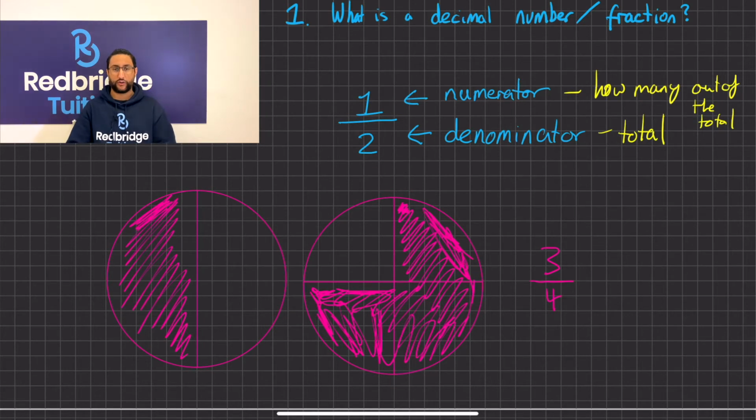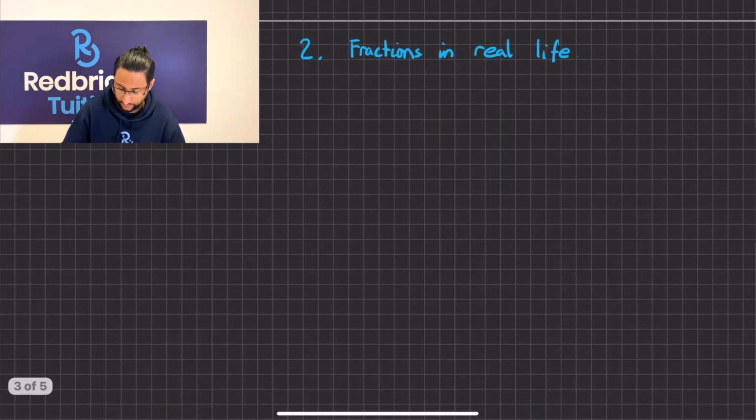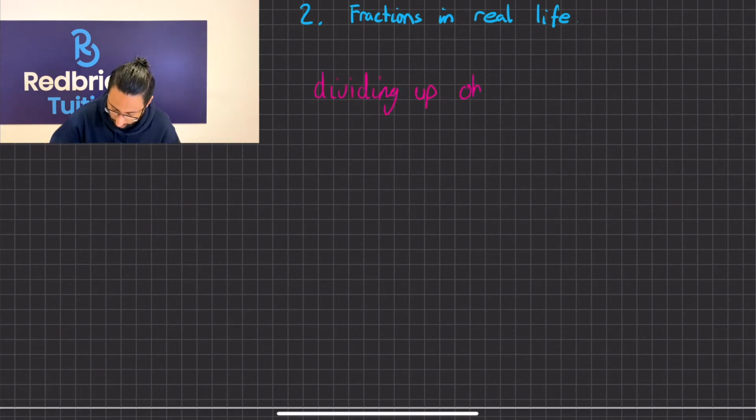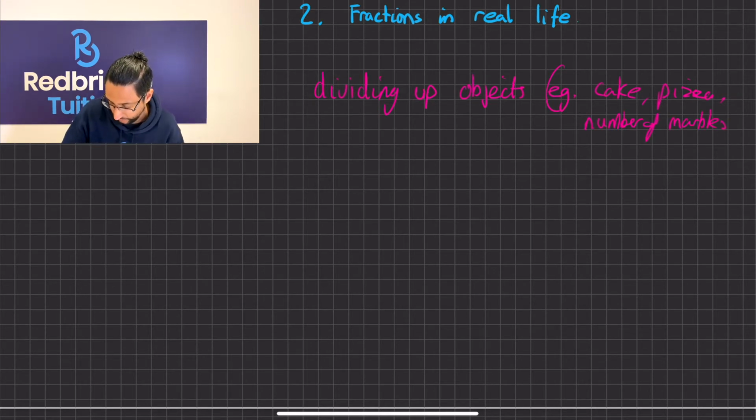So where do we use fractions and decimal numbers in real life? Well, we've already discussed some of it. We'd be seeing fractions in dividing up objects. So for example, a cake or pizza, or number of marbles, number of sweets, that sort of thing. The main place you'll see fractions in real life is money.